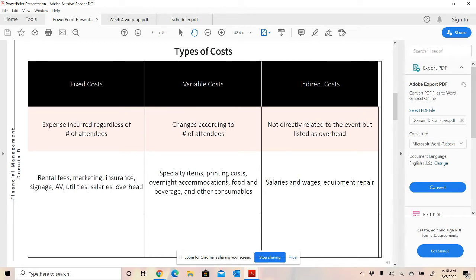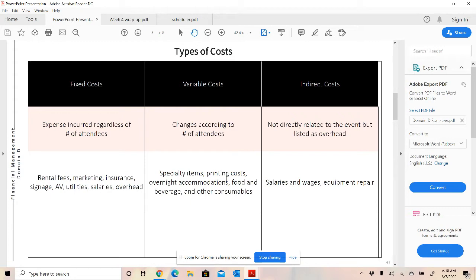You need to know, okay, that's a fixed cost. So your fixed costs are your expenses that are incurred regardless of the attendees. So your room rental fee, your marketing, insurance, signage, AV, utilities, salaries, and overhead. So anything that the price doesn't change, whether you have 5 people or whether you have 50 people.